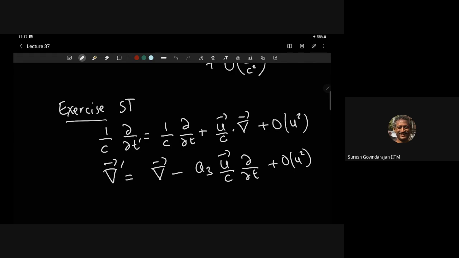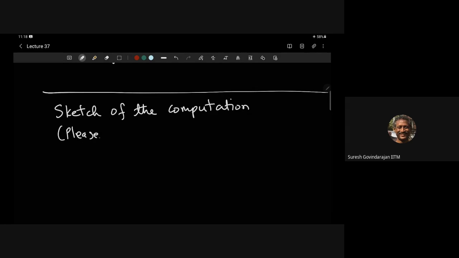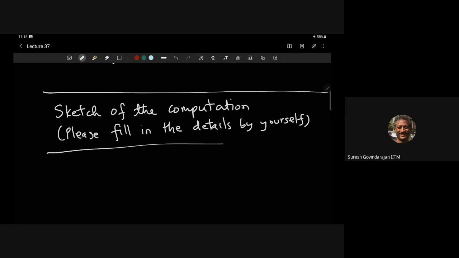Is this fine? So this is just an exercise. I've just done some calculations. Now we can compute. I'll just sketch the computation, I won't show it in full. Please fill in the details yourself.